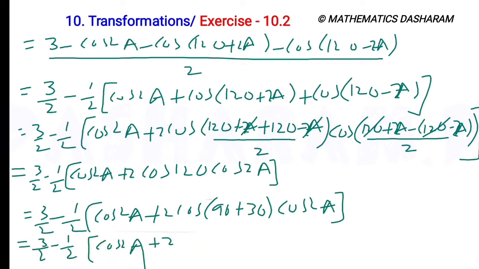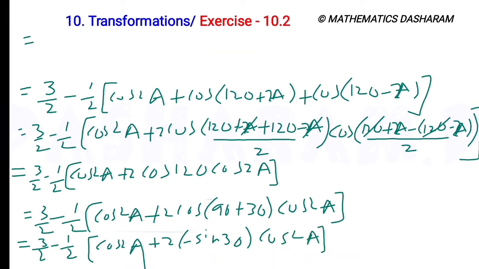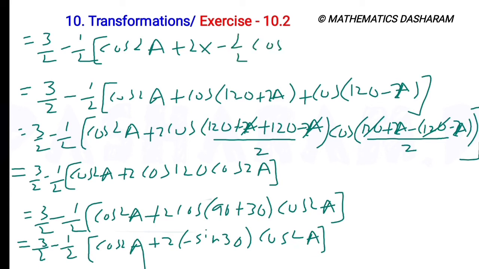Here 90 + 30 goes to the second quadrant, and the trigonometric ratio changes because it is 90, so it is minus sin 30 degrees into cos 2A. So it equals 3/2 minus 1/2 bracket of cos 2A plus 2 into minus sin 30, whose value is 1/2, into cos 2A.